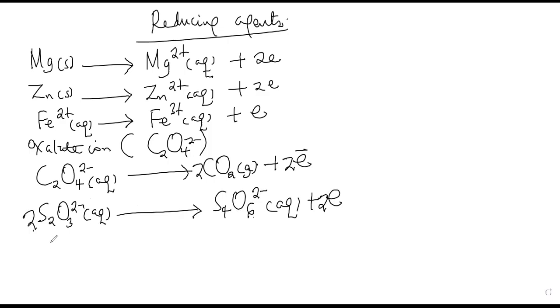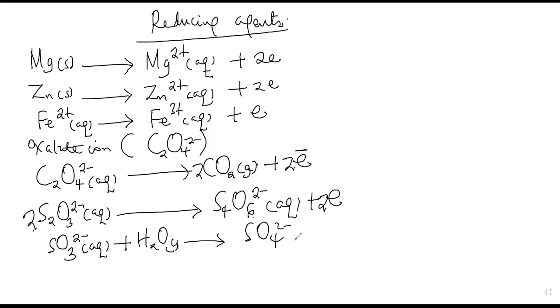We've got a sulfite ion, not a sulfate, but a sulfite ion. A sulfite ion is oxidized, but this process takes place in presence of water, and the sulfite ion gets oxidized to a sulfate ion, and we shall also produce hydrogen ions. Of course, the process involves the donation of electrons. The same applies to a nitrite.